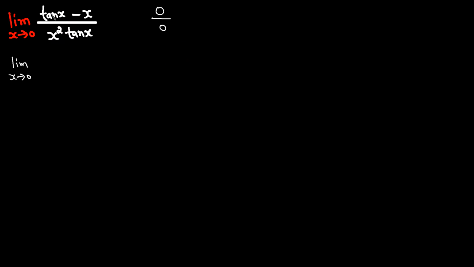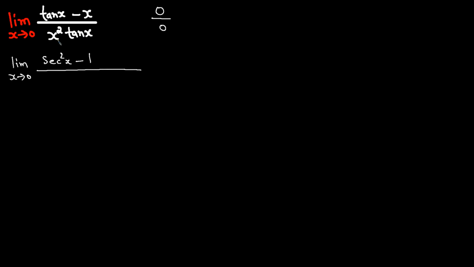That means we need to find the derivative of the numerator and the derivative of the denominator. Let's find the derivative of the numerator first. The derivative of tangent x with respect to x is secant squared x, and dx over dx gives me 1. And now in the denominator we need to use the product rule.